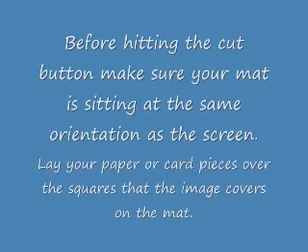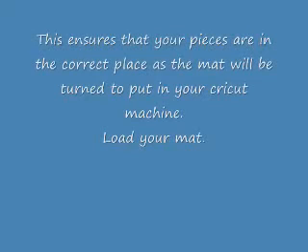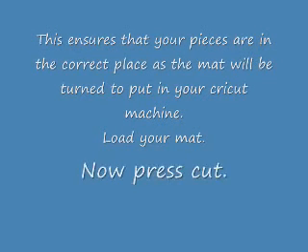If you don't make sure you put your card or paper pieces in relation to the green arrow on the mat, your cuts will not cut in the correct place and you will spoil your papers. So it's always better to take a few minutes to make sure you line the mat with the green arrow in the same direction as the screen arrow.